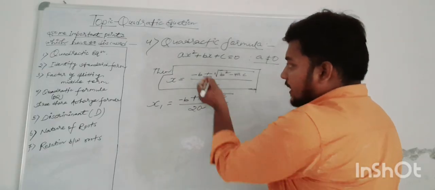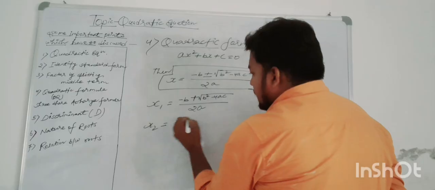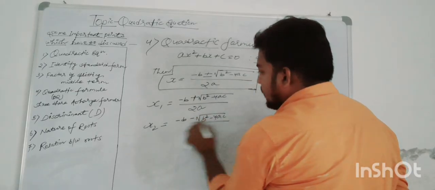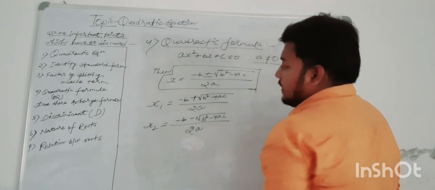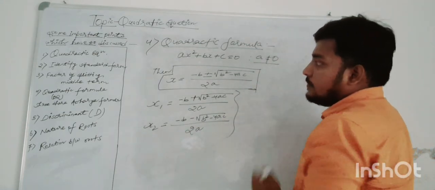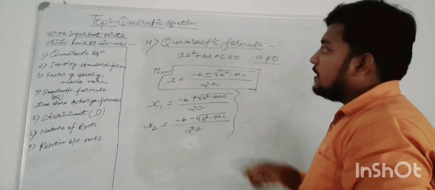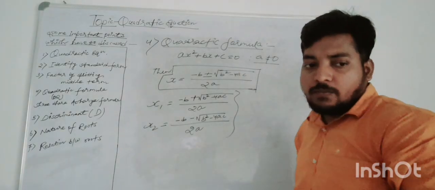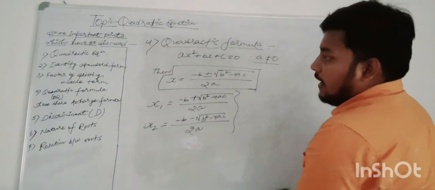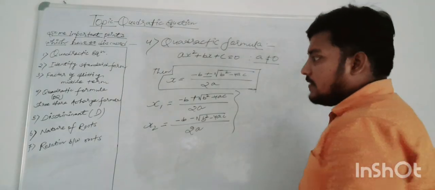And if we take the minus sign, then we get x2 = (-b - √(b² - 4ac)) / 2a. So these are the two roots found by solving with the quadratic formula, which is also known as the Sridharacharya formula.